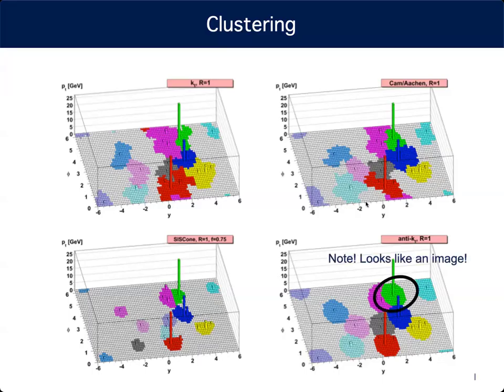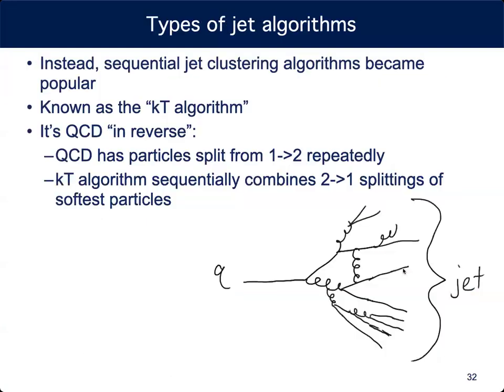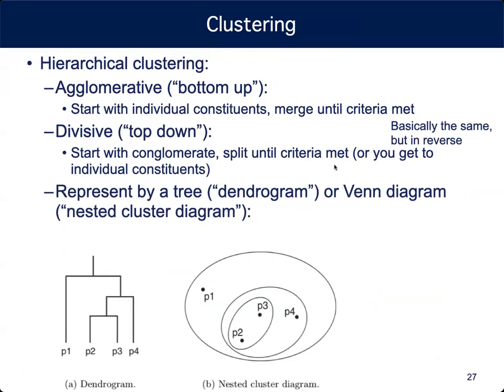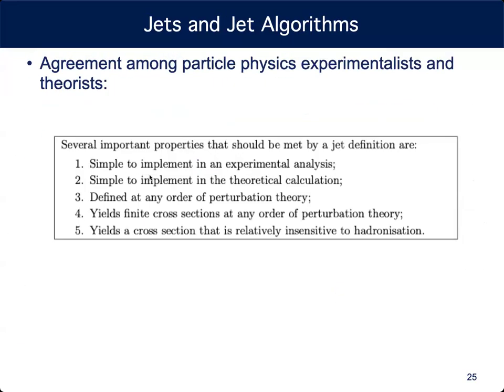So the anti-KT algorithm is effectively marrying two different things: the theoretical things that we really wanted to be dealing with, something that's nice theory-wise, where we can actually compare the different calculations, but it's also circular, which means it's easy to actually utilize and correct.